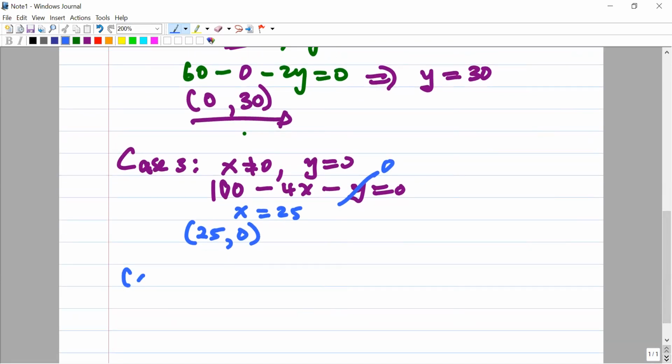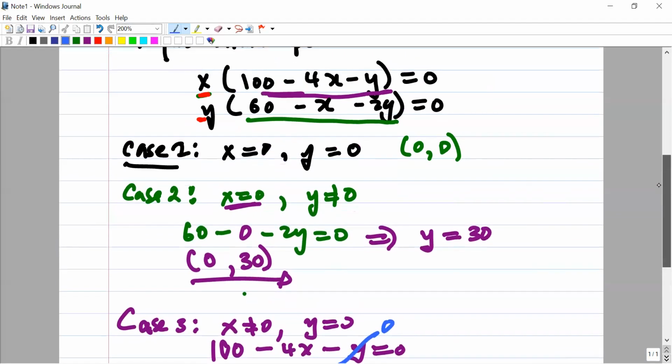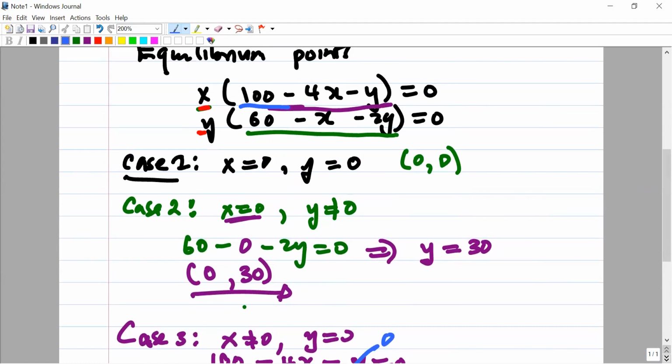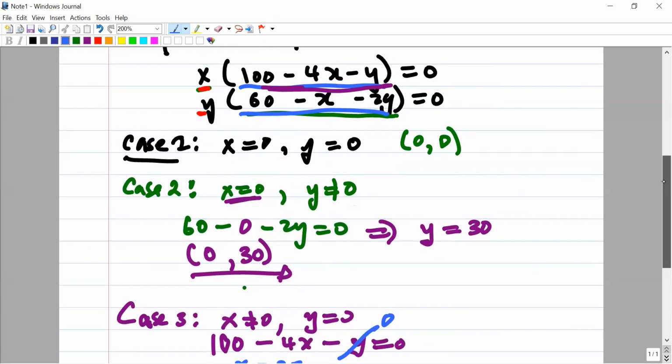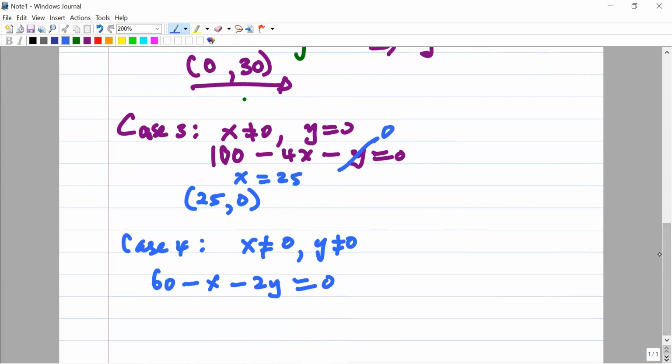Now the fourth case, assume x is not equal to 0 and y is not equal to 0. So the first equation, if x is not equal to 0, you are forced to take this one to be equal to 0. And the second one, if y is not equal to 0, you are forced to take this one as equal to 0. So in this case, you now have 60 minus x minus 2y equals 0, and 100 minus 4x minus y equals 0.